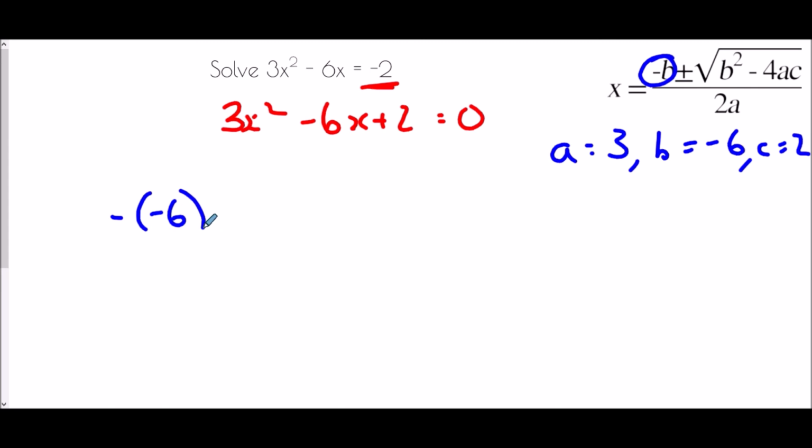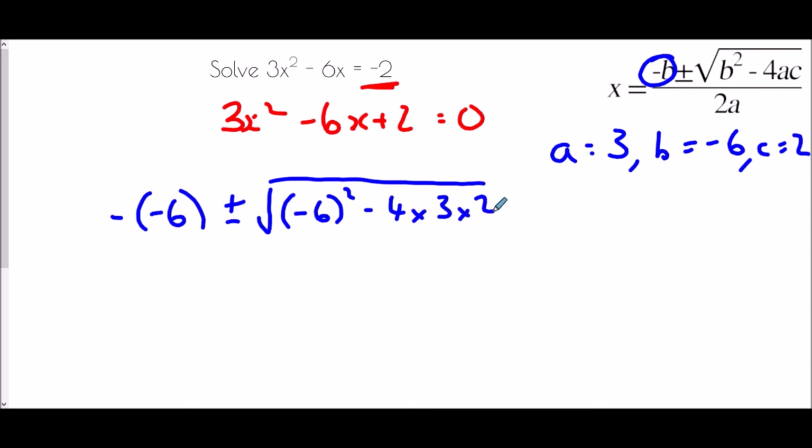And if you remember, negative times a negative would be a positive. But then we have plus or minus the square root, again, b squared. Now that is (-6) squared, but it's -6 in a bracket, just to make sure that your calculator definitely does this the correct way. 4 times 3 times 2, and then that's all going to be over 2 times 3.